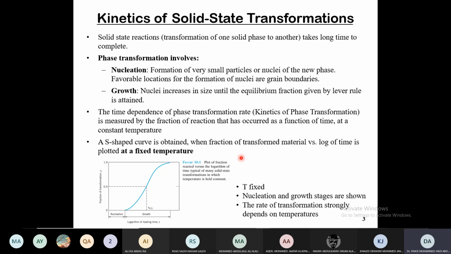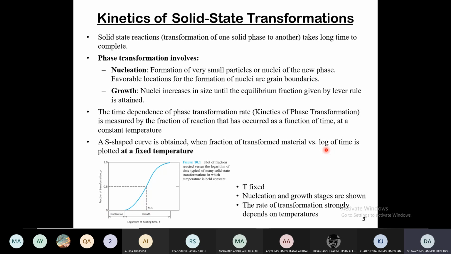You cannot study with all the variables changing. We look at the fraction of transformation completed in the material versus time, and we use the log of time because the transformation takes a lot of time, in order to compress the curve.